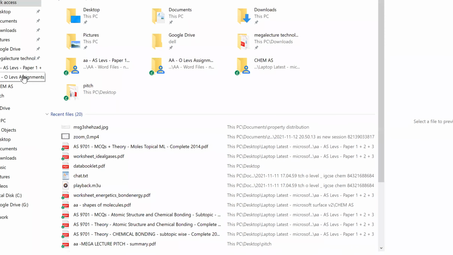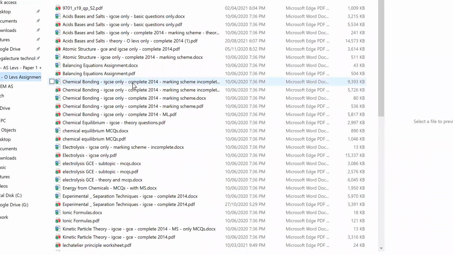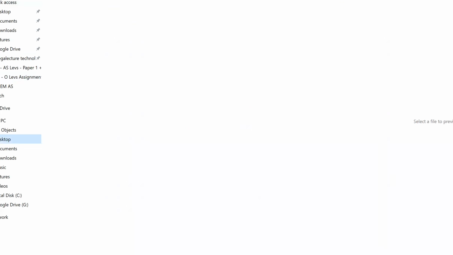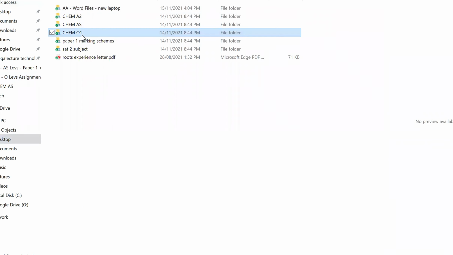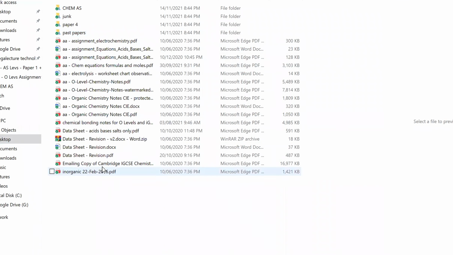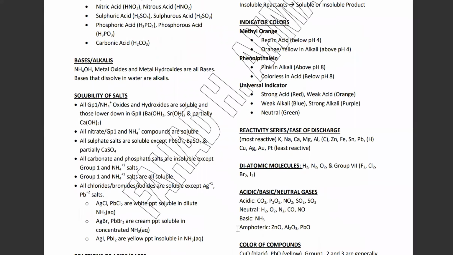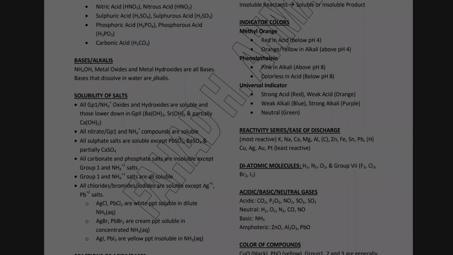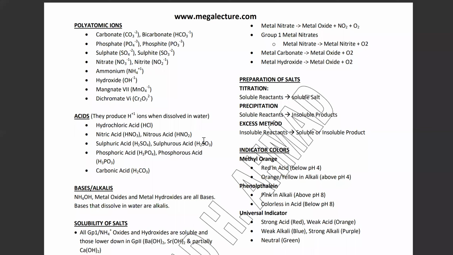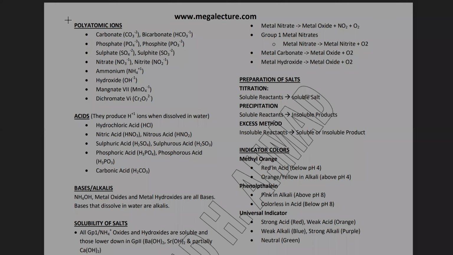Just 1 second, so that you remember the acids and you remember. अच्छा, इसके अंदर you should know the formulas of the acids and the ions.